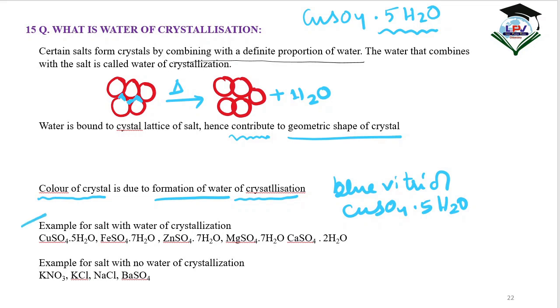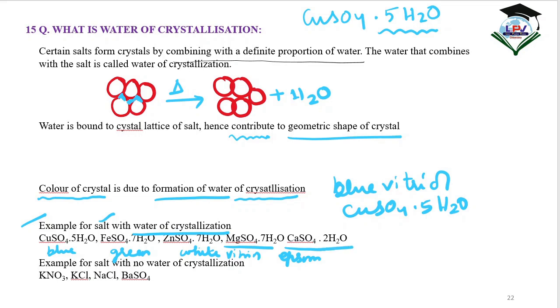There are some examples of salts with water of crystallization. Copper sulfate 5H2O is known as blue vitriol. Ferrous sulfate 7H2O is known as green vitriol. Zinc sulfate 7H2O is known as white vitriol. And magnesium sulfate 7H2O is known as Epsom salt.